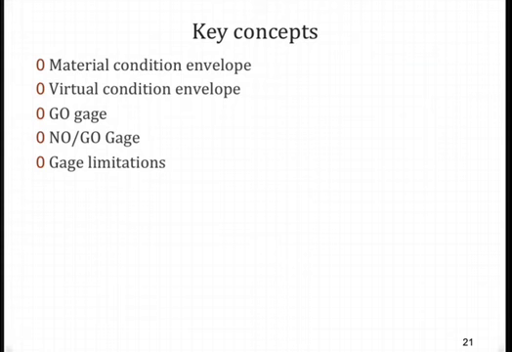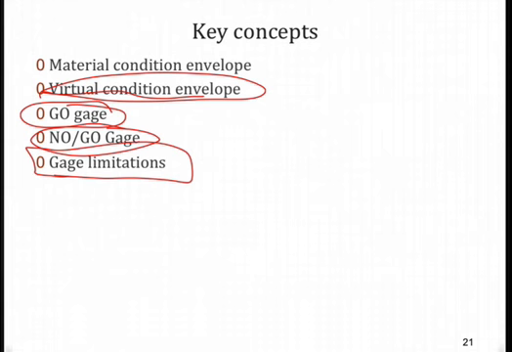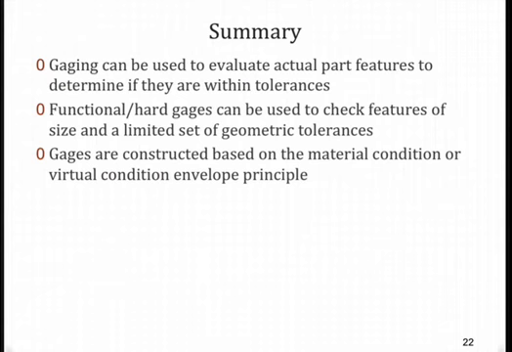So we created this virtual condition envelope corresponding to the physical gauge. We understand that a go gauge is at MMC, no-go gauge, LMC, and there's certain limitations to what you can do with the hard gauging with respect to geometric tolerances. We use gauging to evaluate our actual part features and determine if they are within the tolerances.